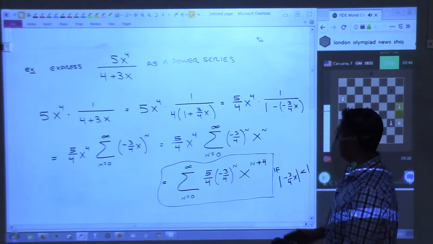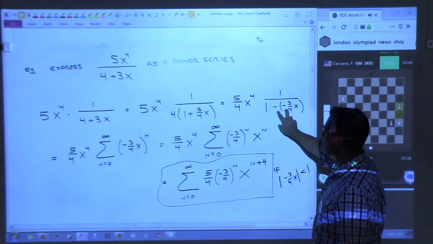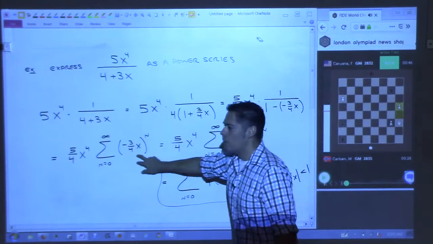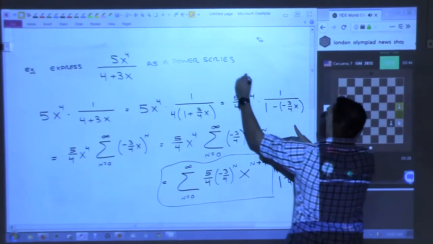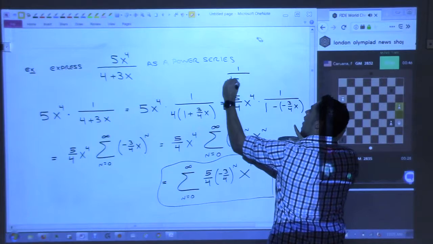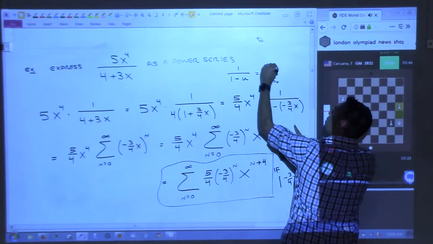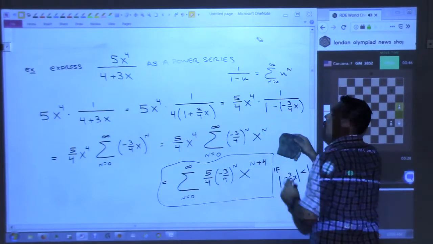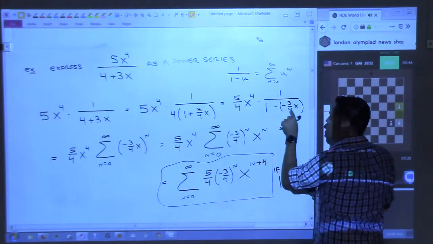Yes? What happened to that second negative? Because on the first one, when we first pulled it out for those two negatives, and when we put it into the sum, how come we only have one? Okay, because I'm using a formula. The formula is that if you have 1 over 1 minus u, this becomes sum n equals 0 to infinity of u to the n. So look at this, this is 1 minus u.